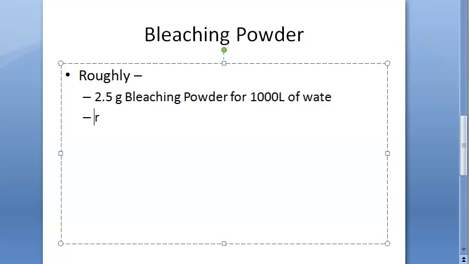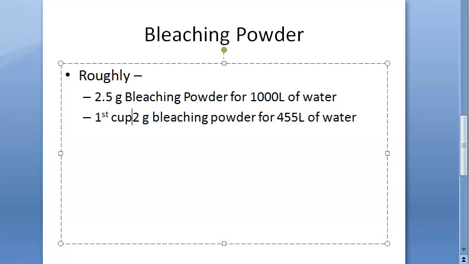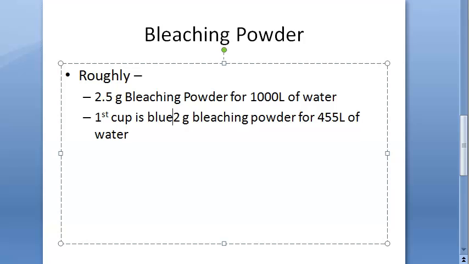What else are they saying? Let us say the first cup itself is blue, then you put 2 gram bleaching powder for 455 liter of water.